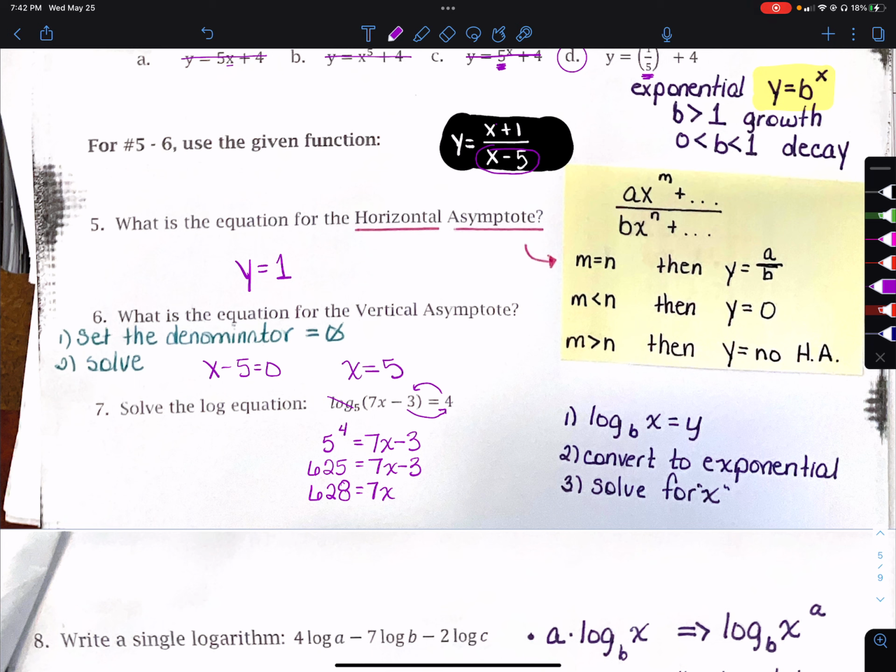All right. Now this last step, we're going to take 628 and divide it by 7, and we get x is equal to 89, and I'm going to go with 71 hundredths. Okay. All right, that is for number 7.